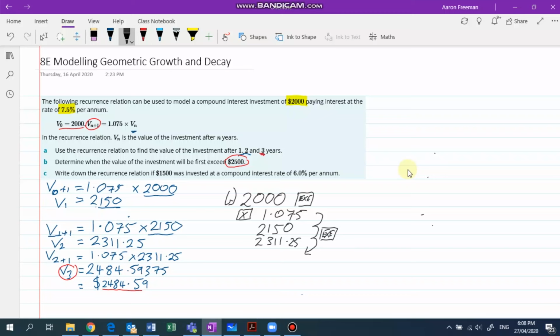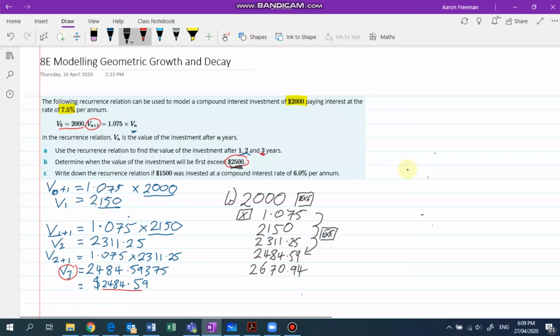Hit it again, get our last one there, 2484.59. So it hasn't quite reached our $2,500. So once more, and we get 2670.94.